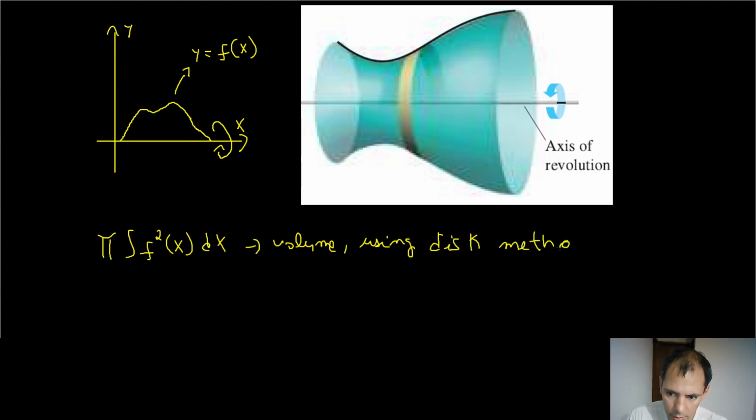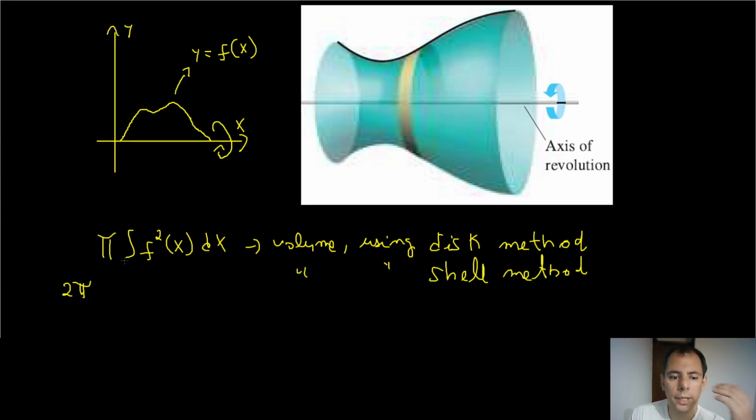What about the volume using the shell method? It was going to be 2 pi times, if it's around the x-axis, we're going to have horizontal bars, and we're going to calculate dy.